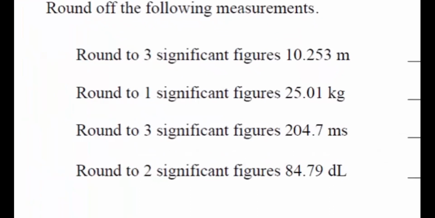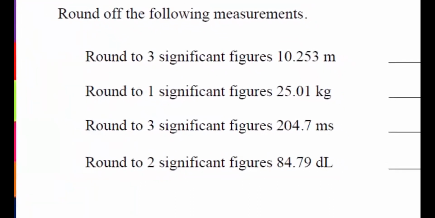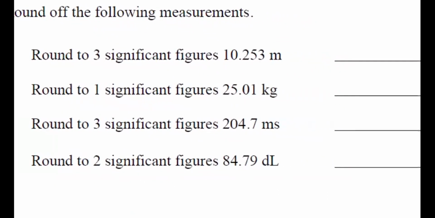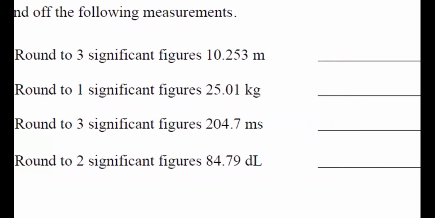Let's look at the examples that we have here. Let's say that we have the measurement 10.253. We have to round it to 3 sig figs. When I look at this measurement, these 3 are my significant figures.